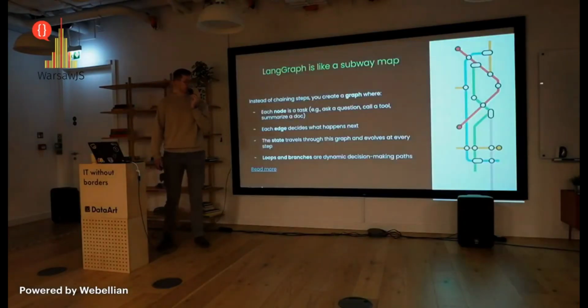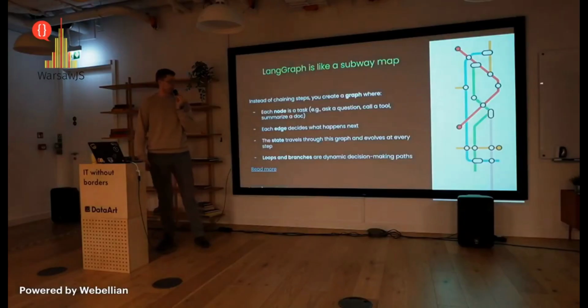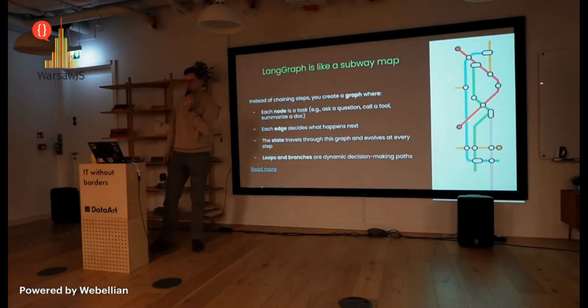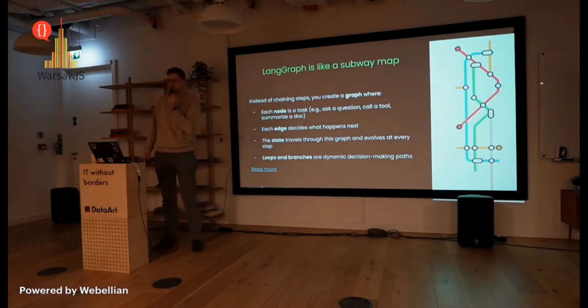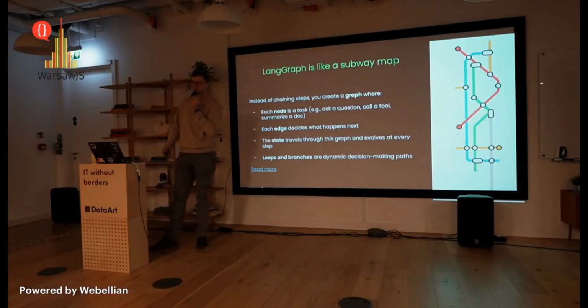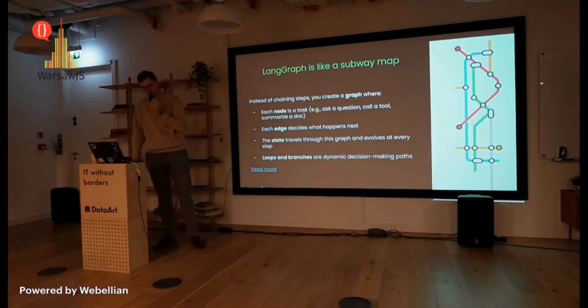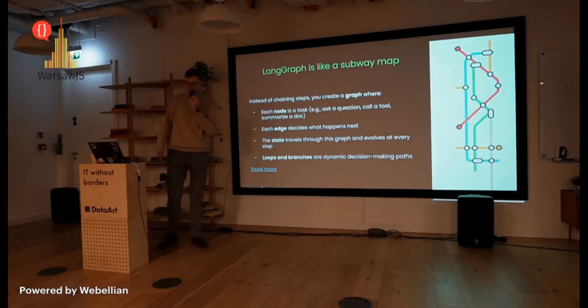It's a framework, and in simple words, it's kind of a subway map, where instead of chaining all the steps one by one, you create a graph, and each node in this graph represents some specific task. For example, a call to the LLM, or parsing the response, deploying the app, so some specific task. And edges in this graph decide which node will be next.